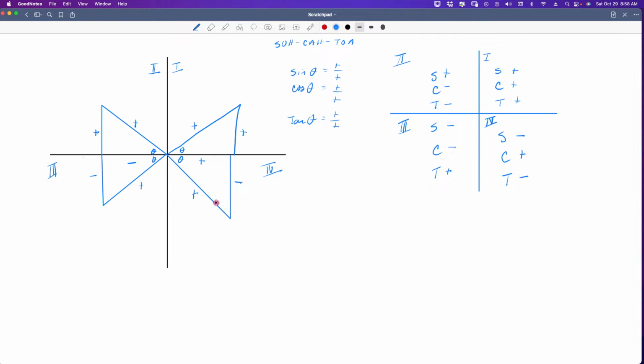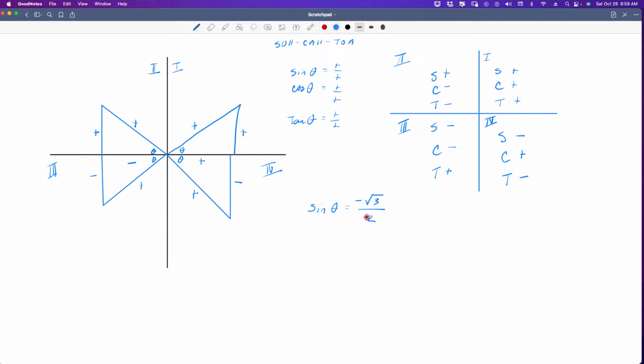Let's say we're given a sine of an angle that is, I don't know, let's say it's negative square root of 3 over 2. I don't really know where that is, right?